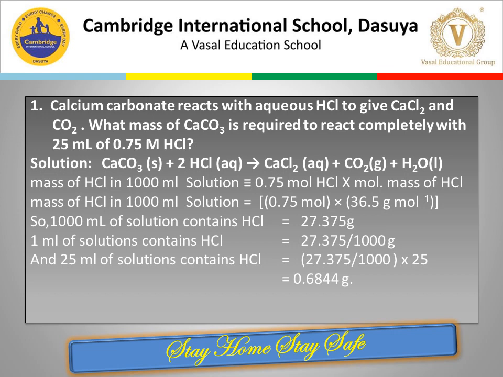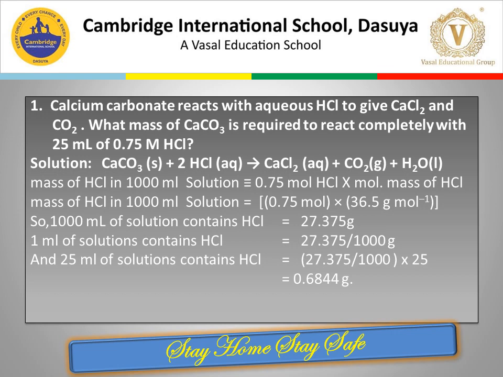That much HCl will be present in 1000 ml of solution. So the mass of HCl in 1000 ml solution equals 0.75 into 36.5, that is the molar mass of HCl. That gives us the mass of HCl in 1000 ml equal to 27.375 gram.